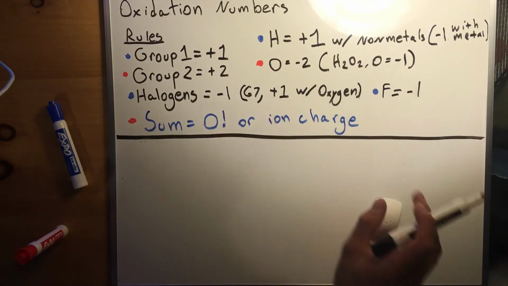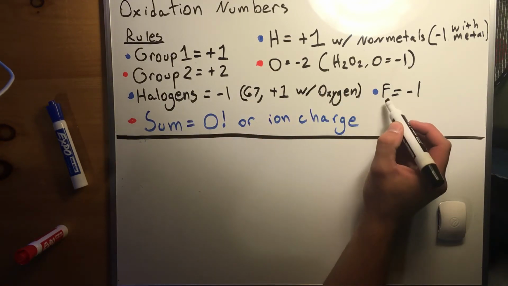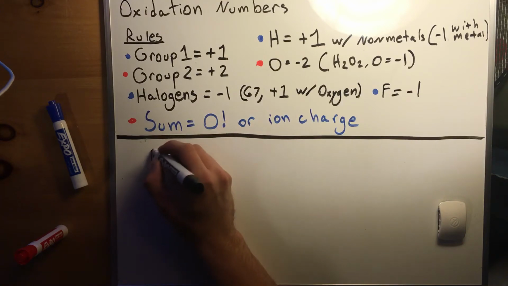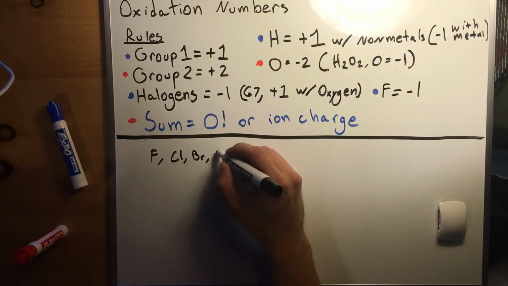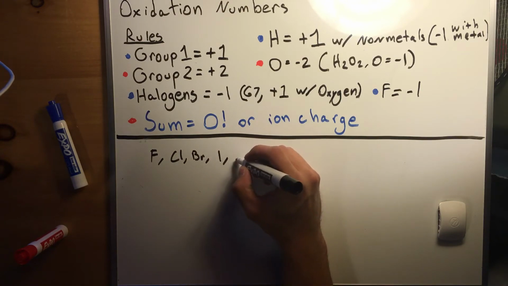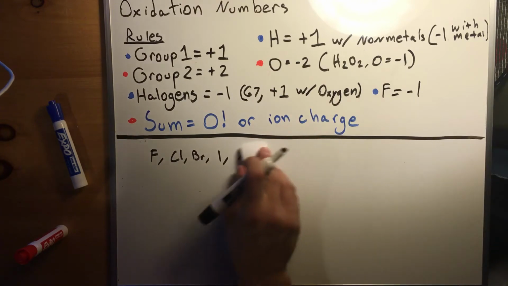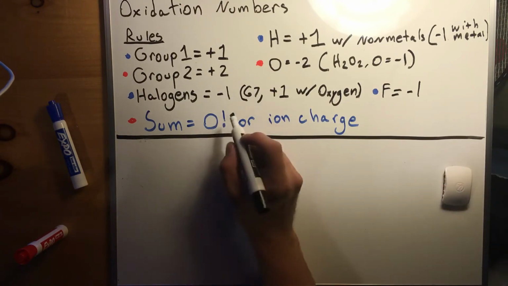Next important rule is that halogens, especially fluorine, are -1. So halogens are fluorine, chlorine, bromine, iodine, and At, which is astatine, which you probably will not see, but most of the time halogens are -1.